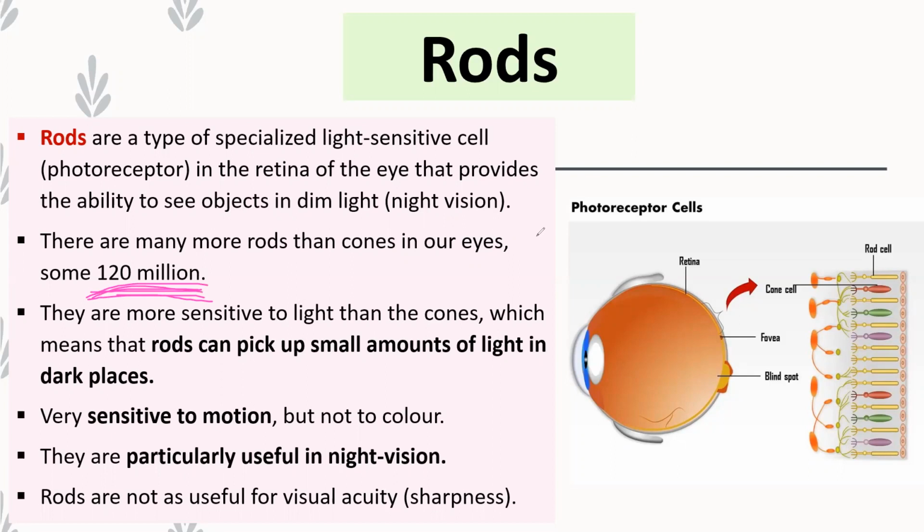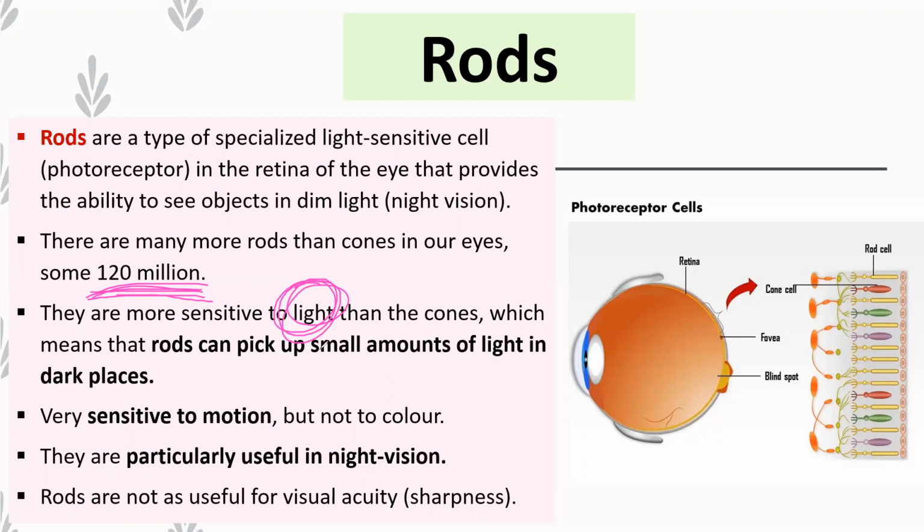Obviously, rods are more sensitive to light. Remember, the main thing that rods are concerned with is light and brightness. Cones are more concerned with color. Like I said, rods will take advantage of any little amount of light there is to help you see. Now, rods are sensitive to motion, but not to color.